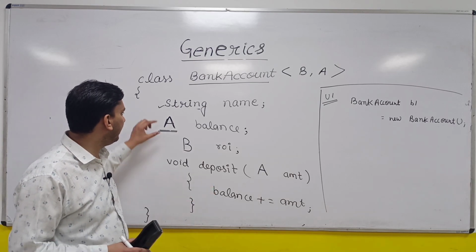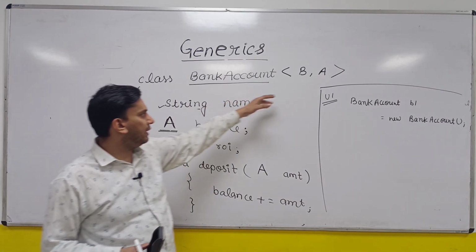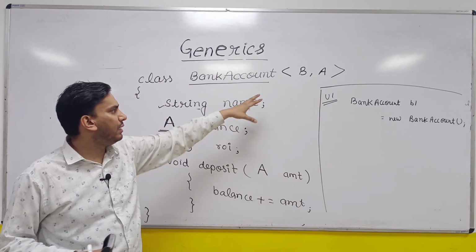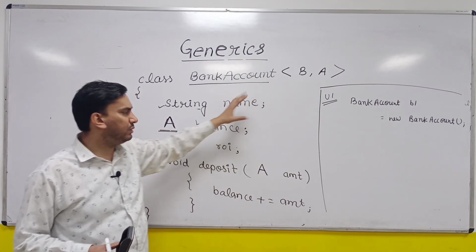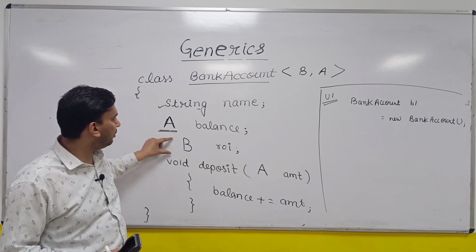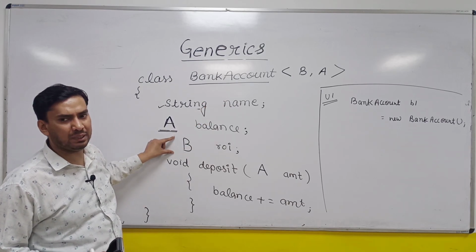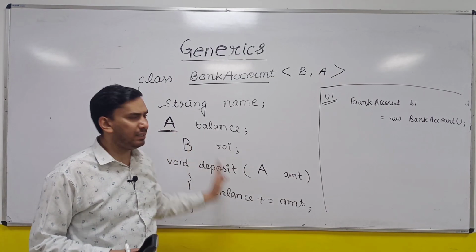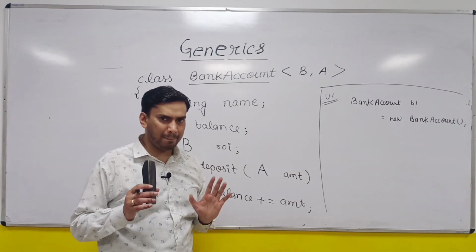What is the actual type? Here for A, it will check, do you have any bounds here? That is, there is a concept of bounded types. So here there is no bound on A and B, so it will be replacing it by object type. B is also not having any bound, so it will be replaced by object type. So after compilation all A, B are replaced by the object type, right?